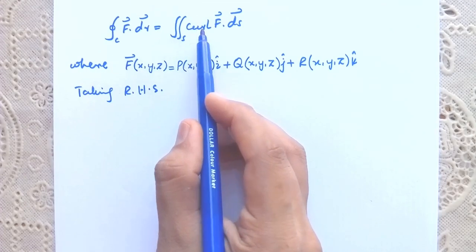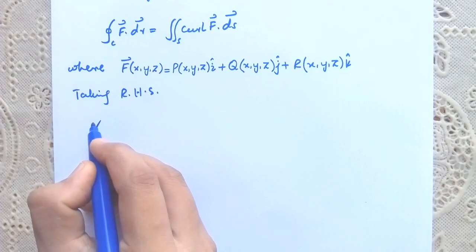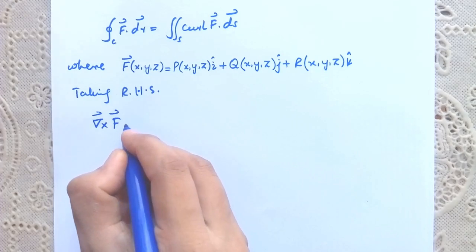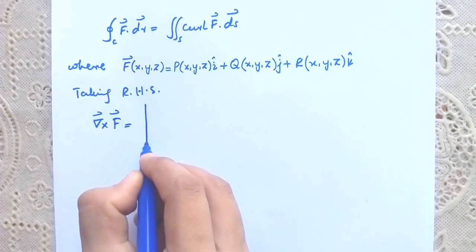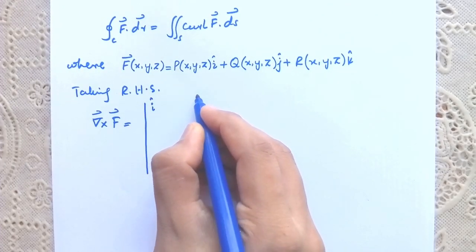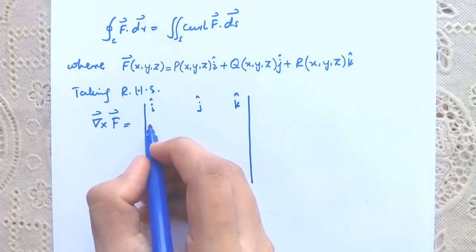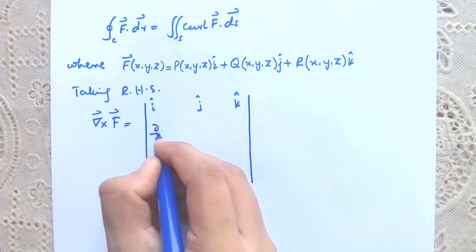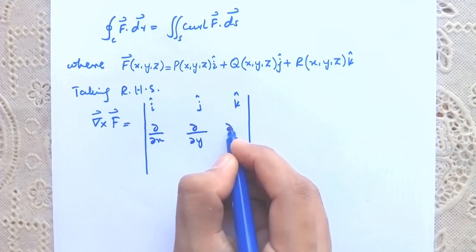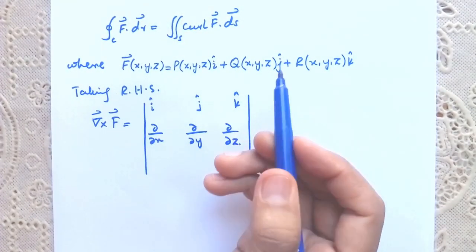Now curl of a vector field F is a cross product of del operator and vector field F. That is, curl of a vector field F is a cross product of del operator and vector field, and it is equal to the determinant of i cap, j cap, k cap, and del operator means partial derivative with respect to x, partial derivative with respect to y, and partial derivative with respect to z, and vector field F means P, Q and R.